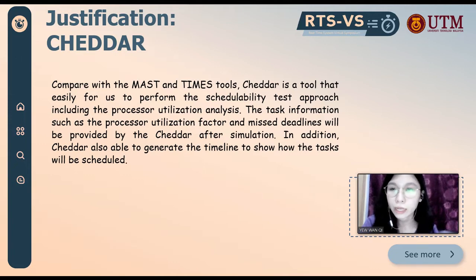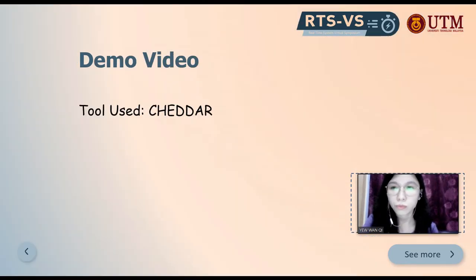The task information such as the processor utilization factor and missed deadline will be provided by Trader after simulations. In addition, Trader is also able to generate the timeline to show how the tasks will be scheduled.